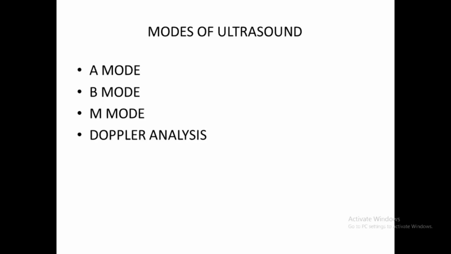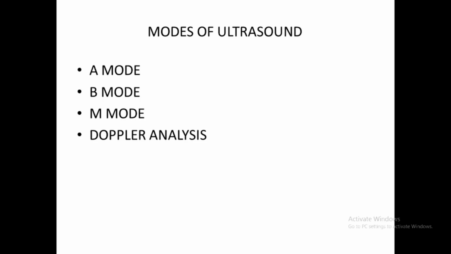There are many variations in B mode. But generally, why people go with B mode is that it's more comfortable. And when you see a B mode, you are able to depict the picture in real time.